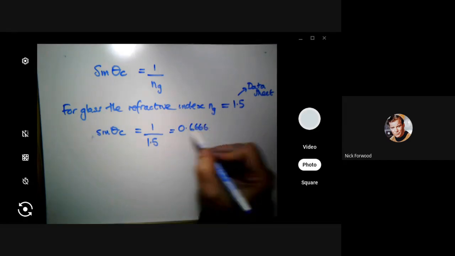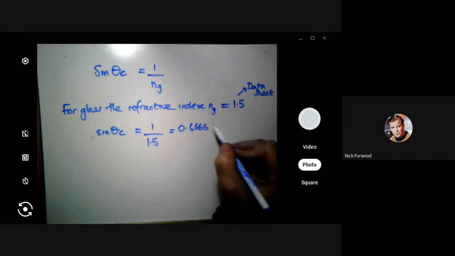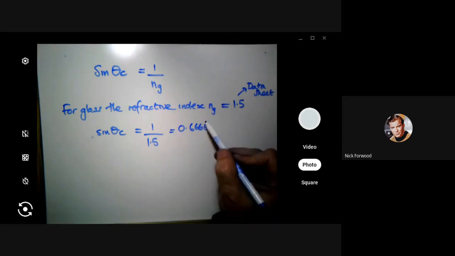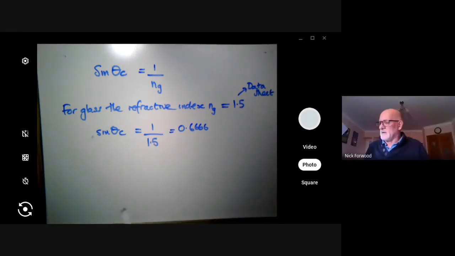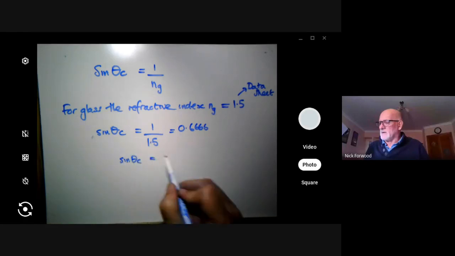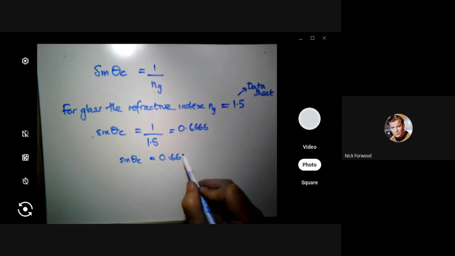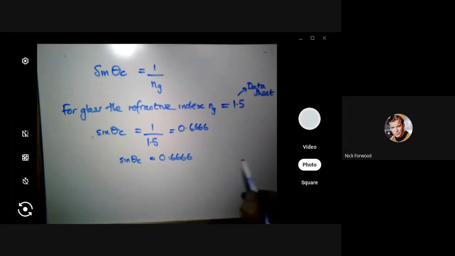This is not the final answer, it's a recurring number. Physics, they don't like you to put the recurring dot, but it will go on, and eventually it runs out of space on your calculator and turns the last figure into a 7. So sine theta c is 0.667, and I'm going to keep that number in my calculator.